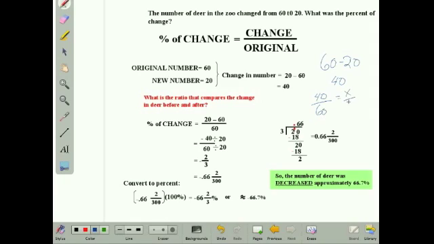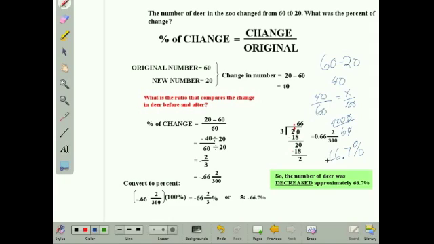Equals my percent over 100, and if I use it as a percent equation, it's 4,000 divided by 60, which is 400 over 6, and that calculates to 66.7%.